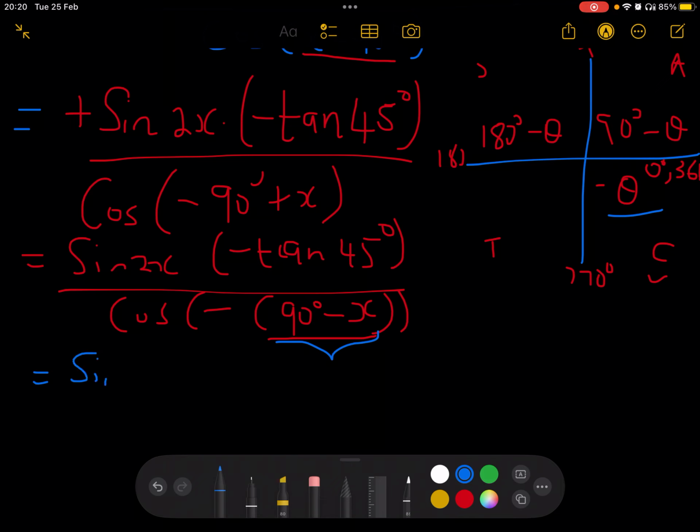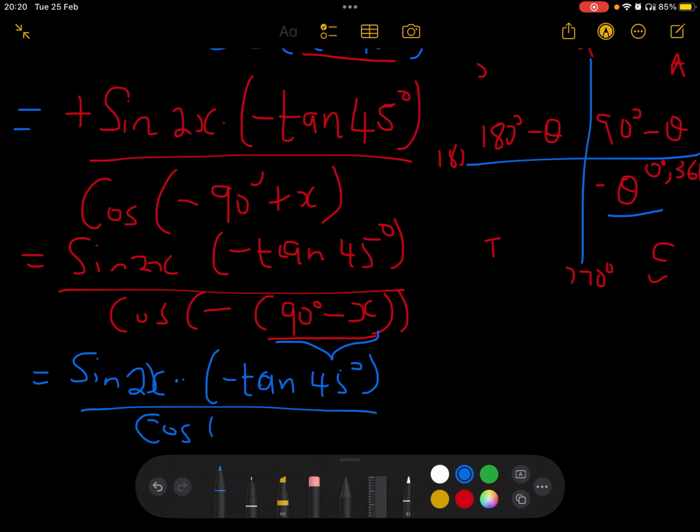So let's look at sin 2x multiplied by negative tan 45 degrees all over positive cos of 90 minus x.